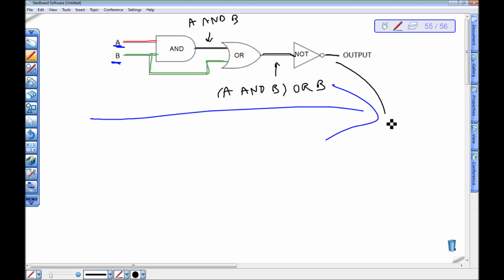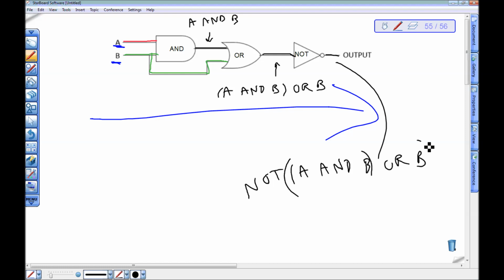So what's coming out of here is not ((A and B) or B). So that's kind of what this circuit does to its inputs.